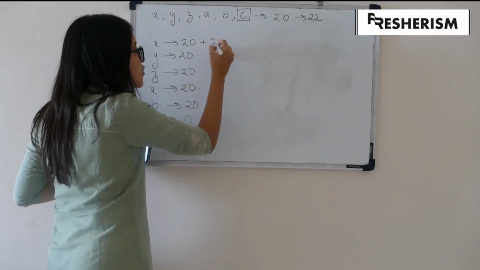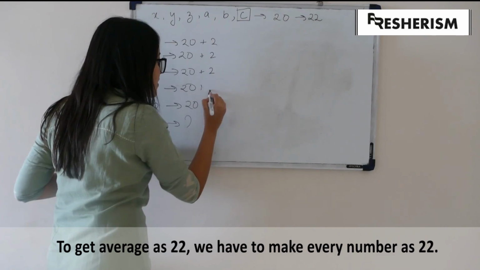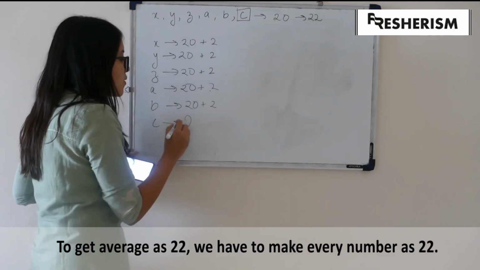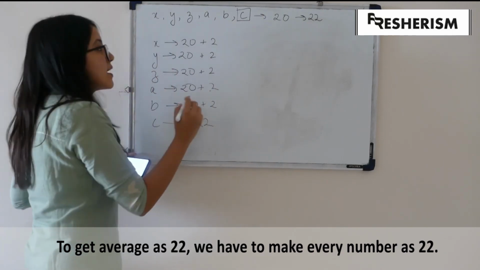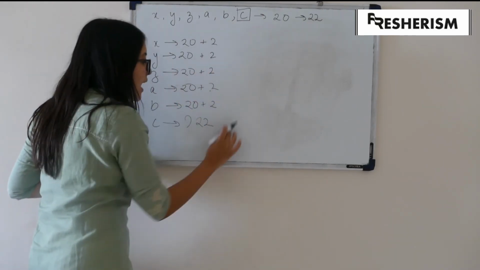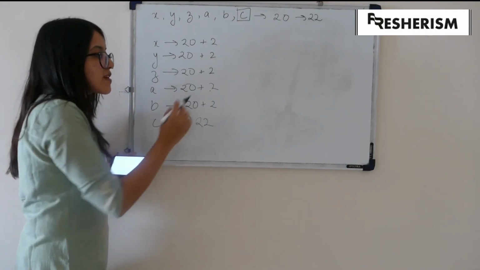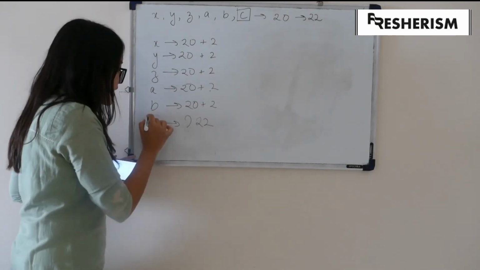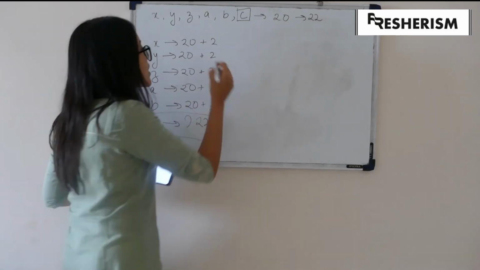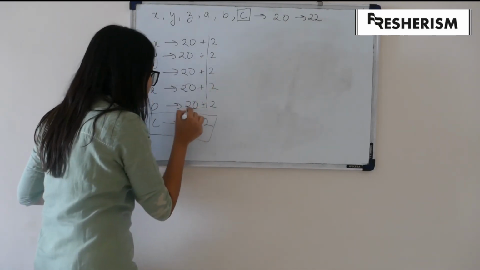Since we are adding 2 to each of them, let us mark this down. Now if we write the value of c as 22, then the total average of this will be 22 itself. Since we just studied the concept, I hope this is clear now. To find this exact value, we will simply add all these numbers.